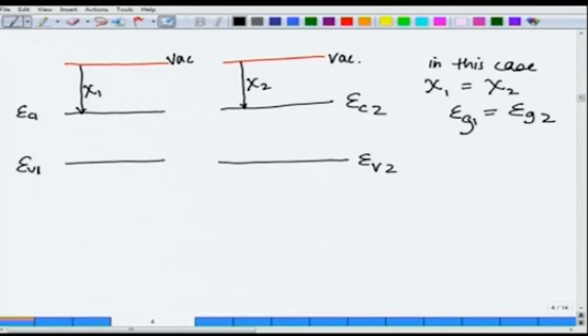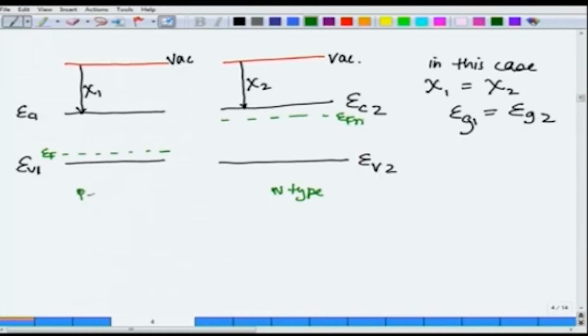Only difference is, let us say one of these materials is p doped. So, here is the Fermi energy and here is the Fermi energy for this particular material. Now, since this is different, we are going to give it a name. This material of course is n type. So, we got Fermi energy EFn on the n side.